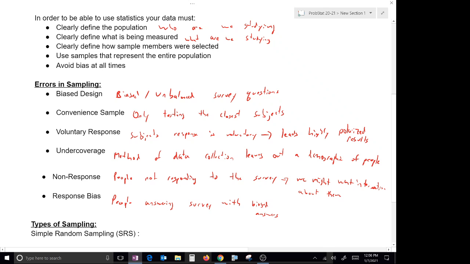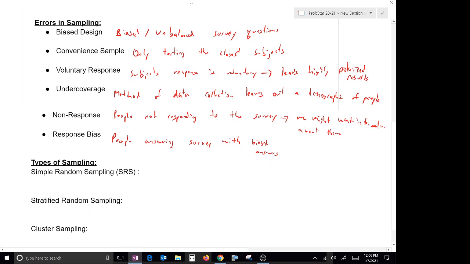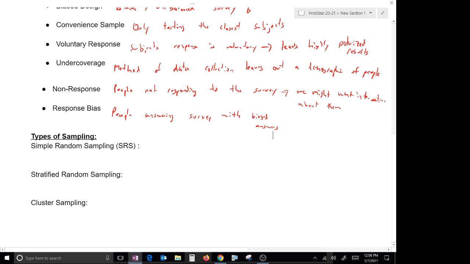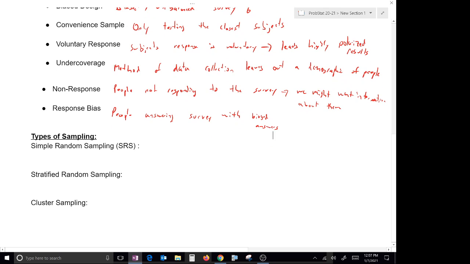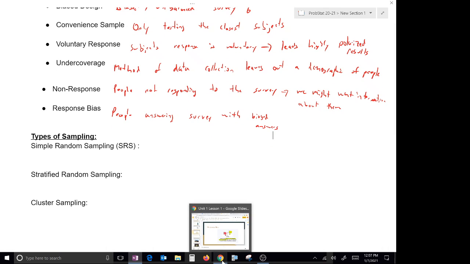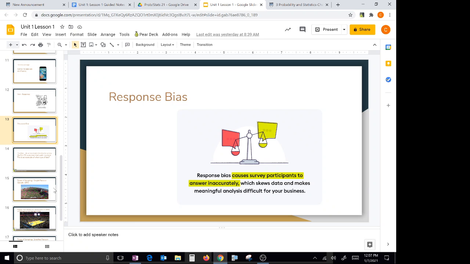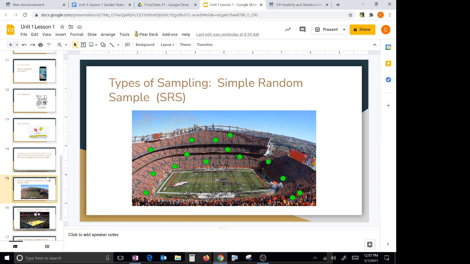Okay, so now we know the type of errors we're trying to avoid. There are three types of sampling that we are looking at. Three ways that we can actually go about collecting. The first type is known as a simple random sample, or SRS.